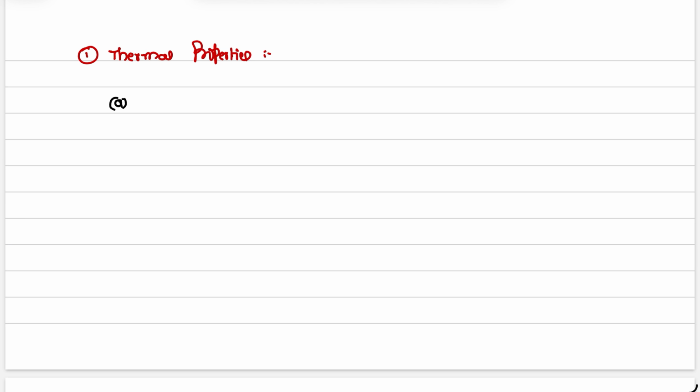If you are asked to find out specific volume, let us say, what is specific volume? Why is this term specific added here? What is specific volume and what are the units of specific volume?